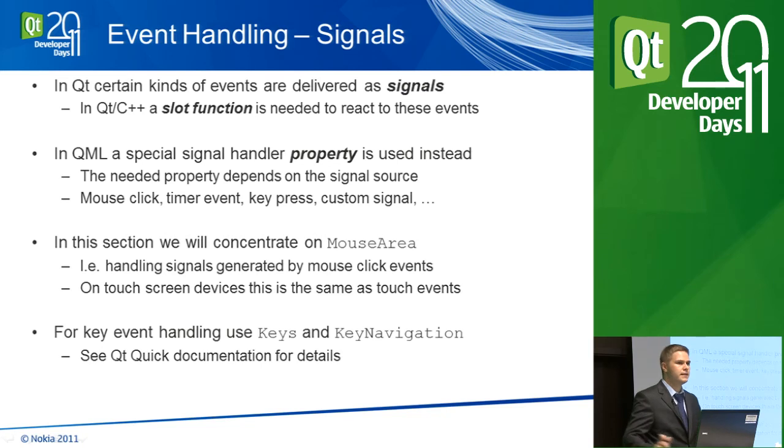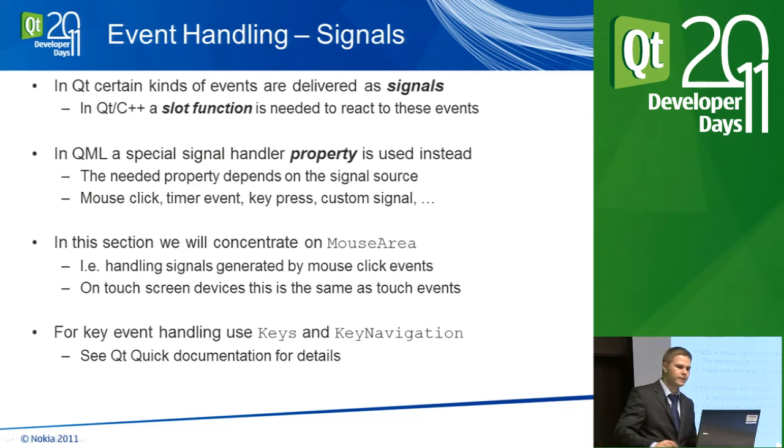Now, this is something that it helps if you know how the signals and slots mechanism works in Qt, and how the meta-object model enables you to take a Q object and find out what signals, what slots it has.